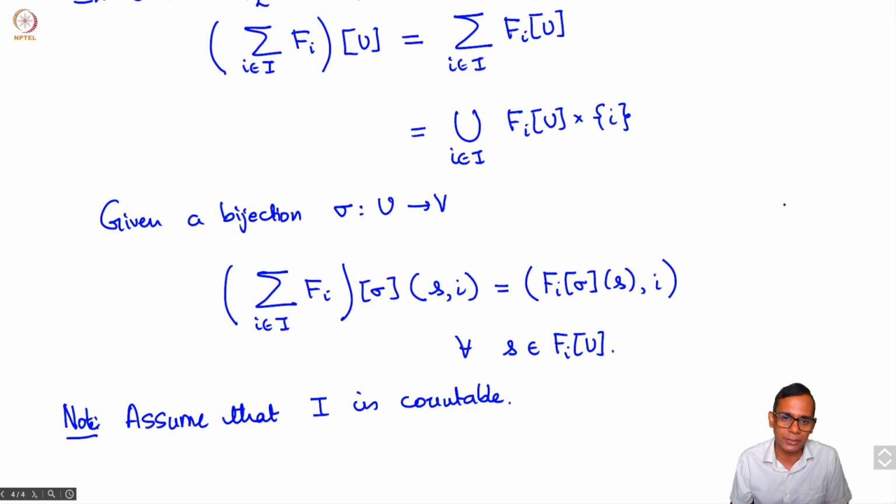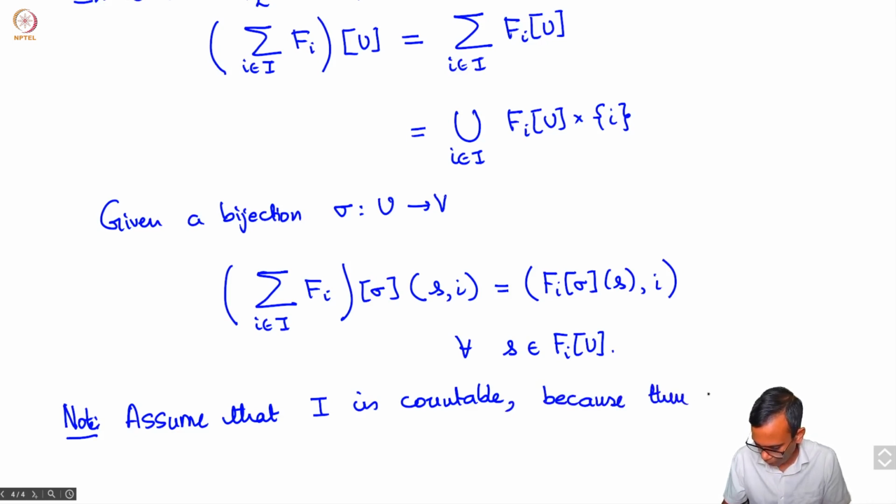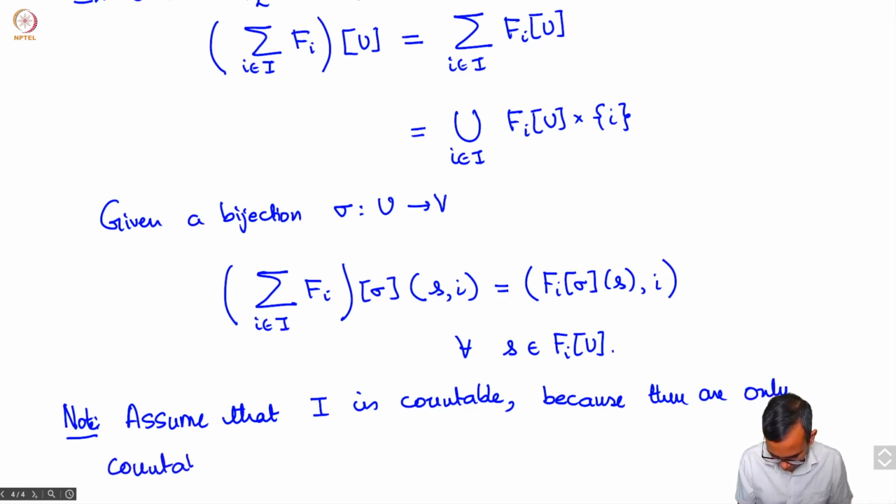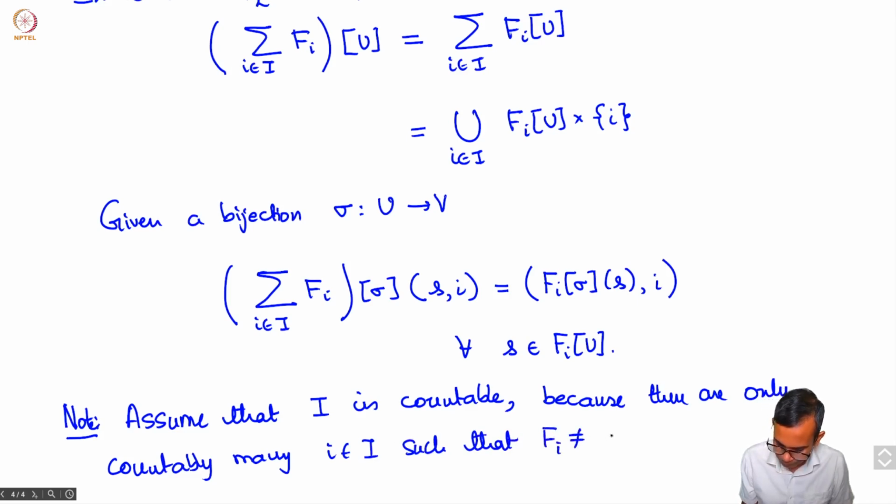It doesn't depend on the set U. And so for each integer n there are only finitely many elements i in I for which F_i(n) is non-empty, and so totally there are only countably many i in I such that F_i is not the zero species.